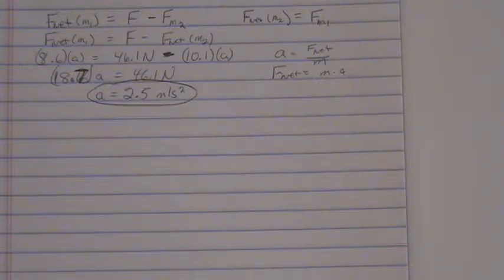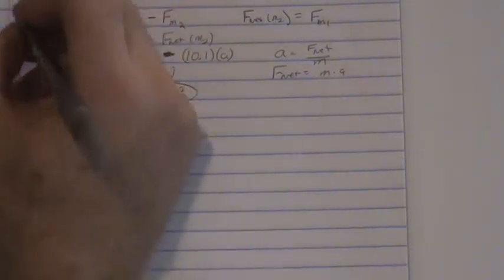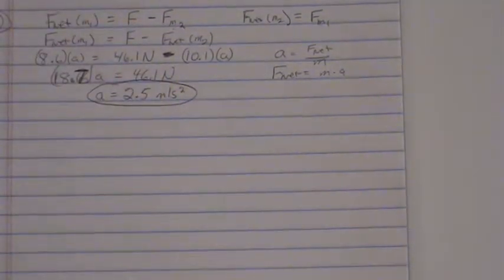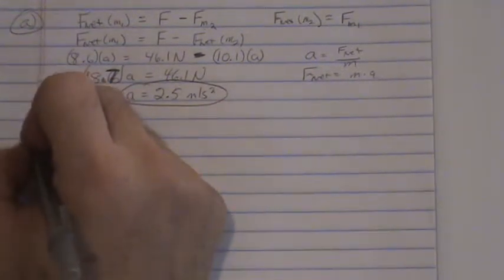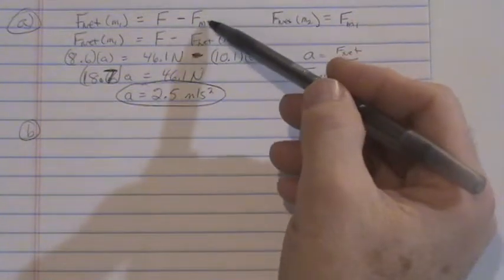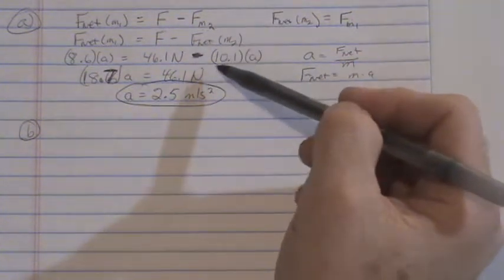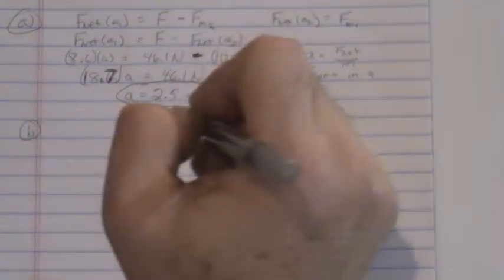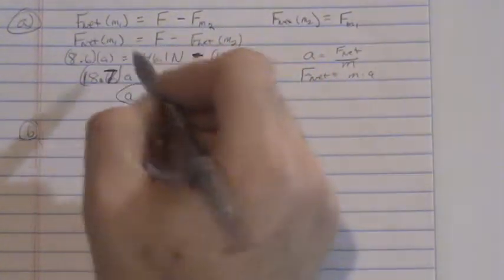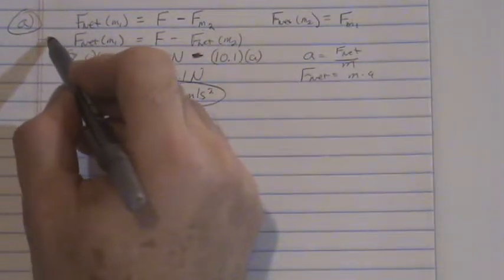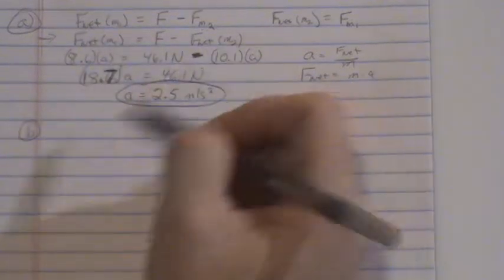So that's the answer to question A. It's all of this put together. For question B, the question is, what is the net force on just M1? Well, we can go back up to this equation and plug in the numbers.